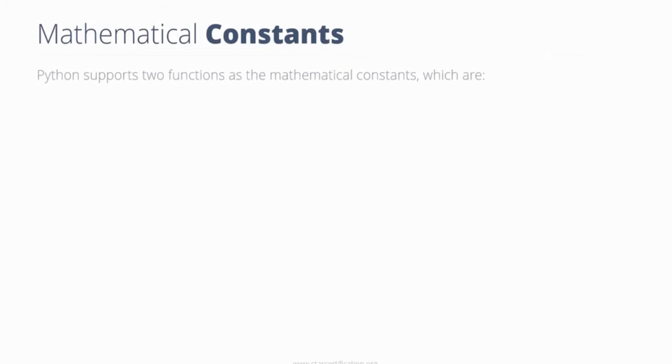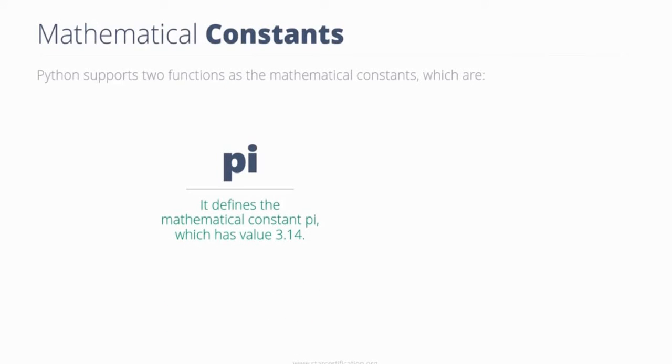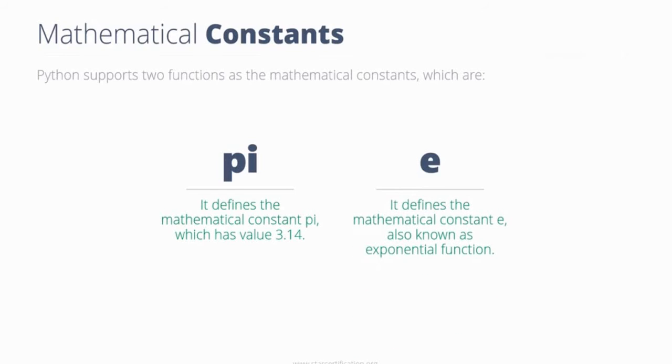Python supports two functions as the mathematical constants, which are pi. It defines the mathematical constant pi, which has a value of 3.14. And e. It defines the mathematical constant e, also known as the exponential function.